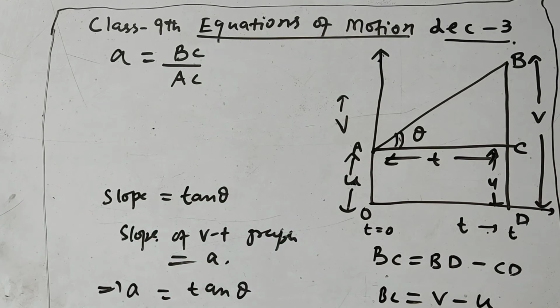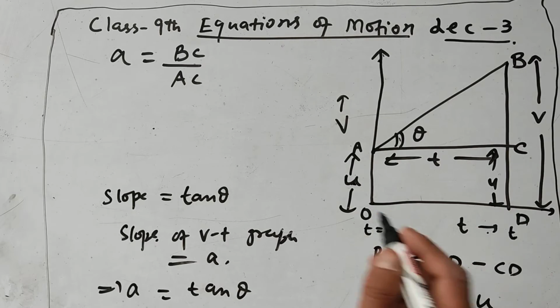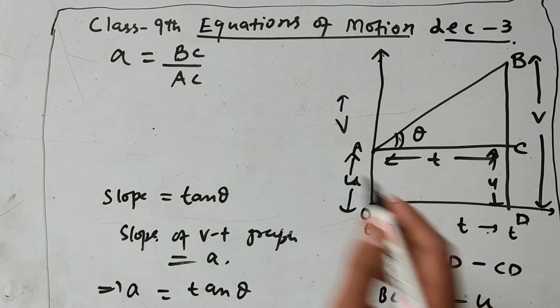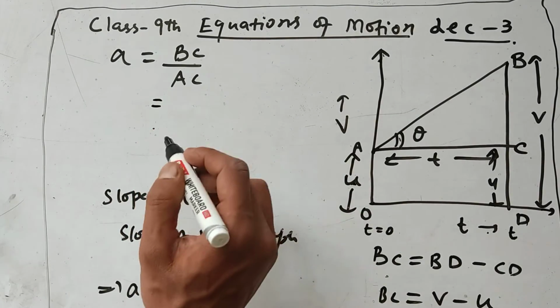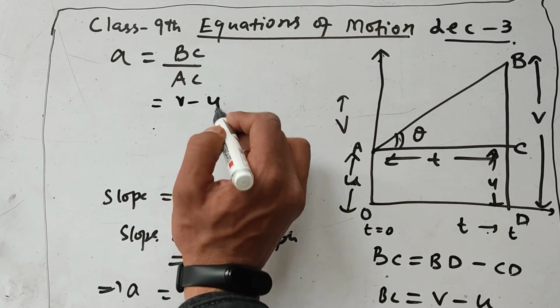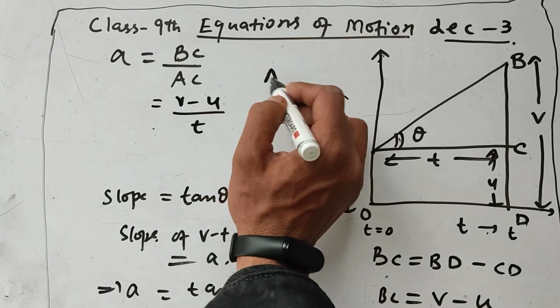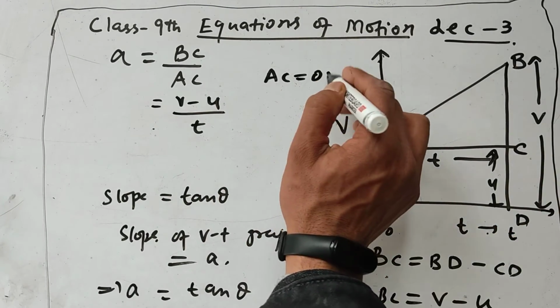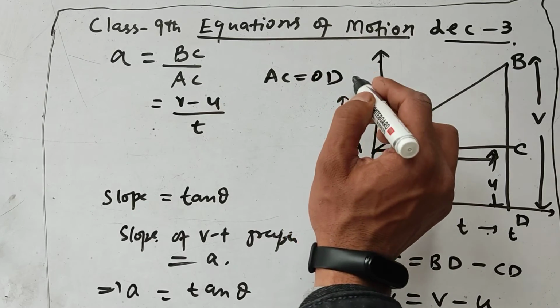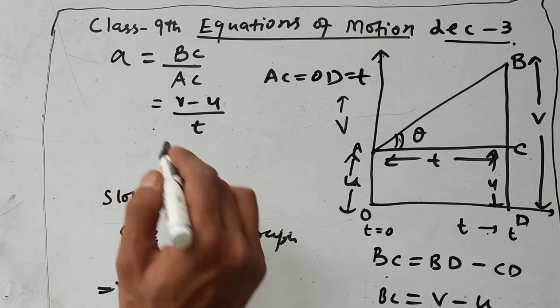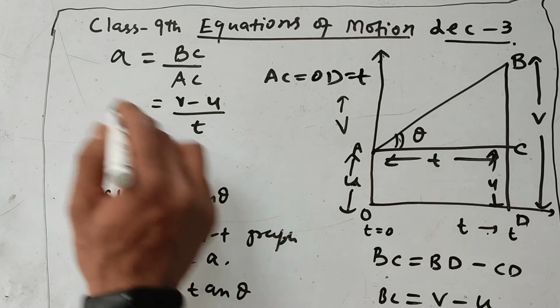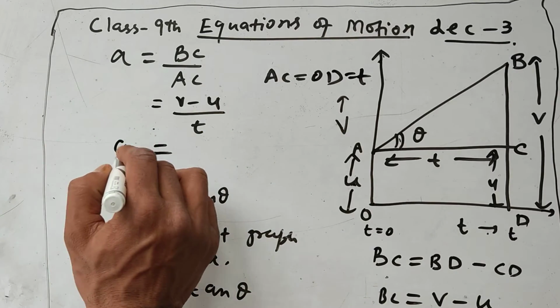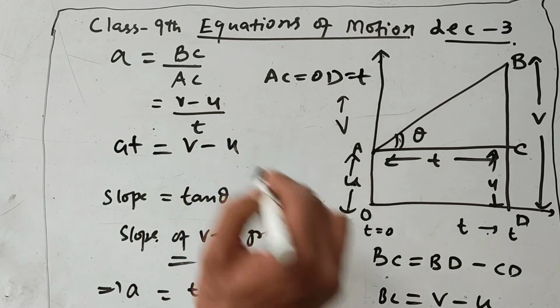So what is AC? AC is equal to OD, both are equal to time t. So we can substitute here (v − u) divided by t. Cross multiplying, we get at = v − u.